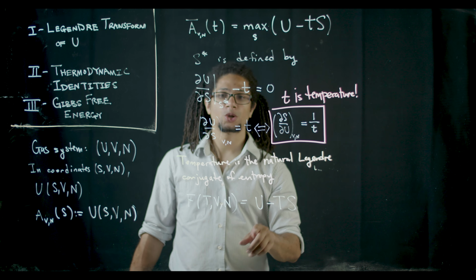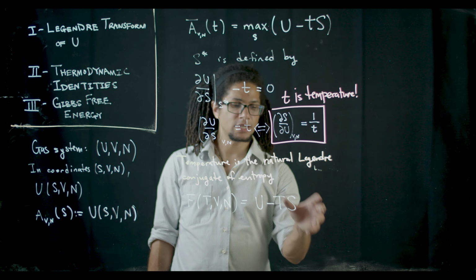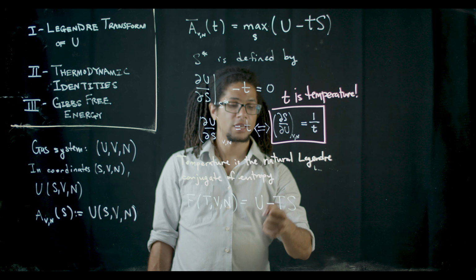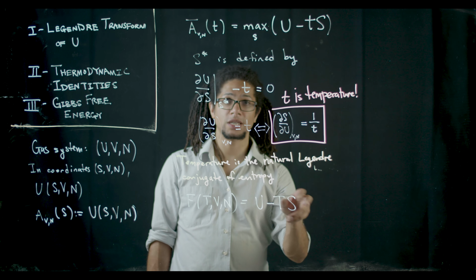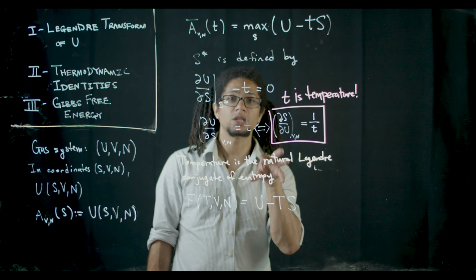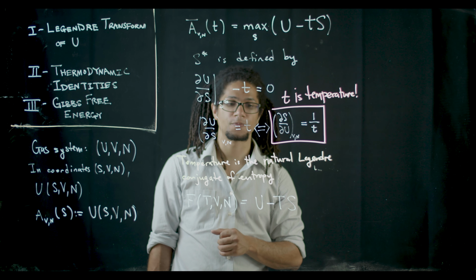Now, really, I should be putting U minus t S star. But since I'm thinking about all of these things as functions on the state space, and here S star depends on t in some prescribed way, we're actually totally fine just writing this. This is well defined and it makes sense.